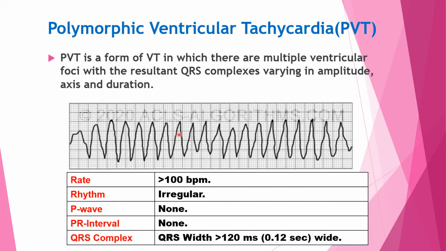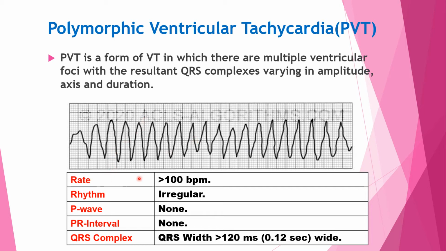In polymorphic ventricular tachycardia, the shape of the QRS is not the same. Look, this QRS is not the same as this one, not the same as this one. It is different. Okay? The shape is not the same.